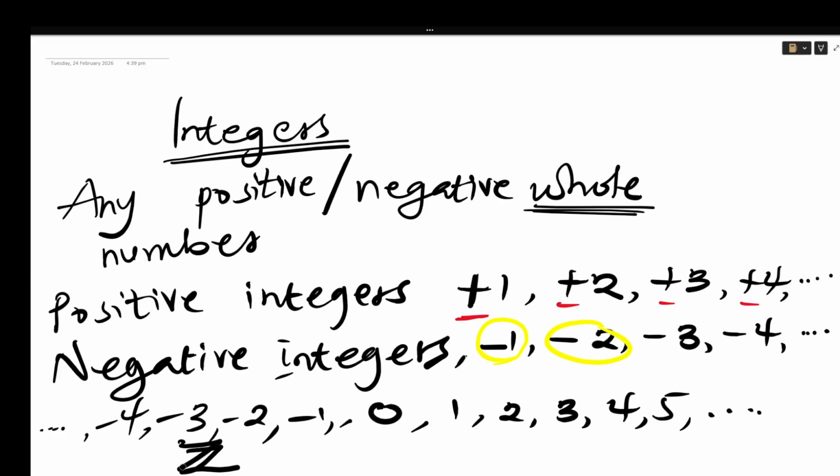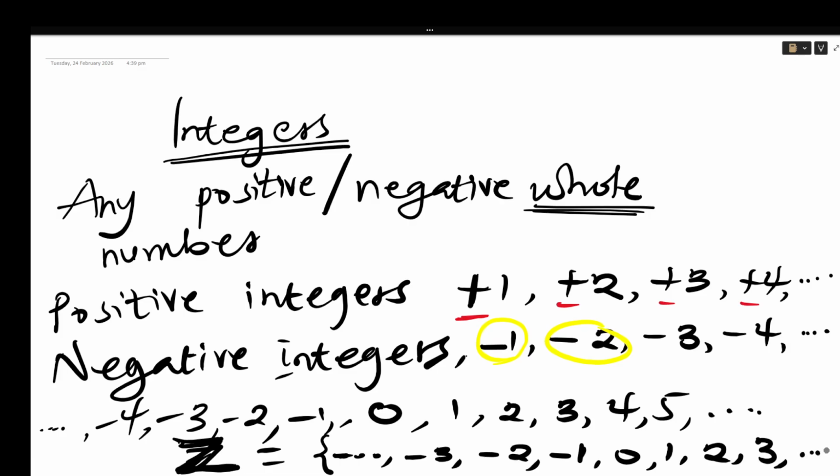We saw that natural numbers was N, whole numbers was W, and integers now becomes Z, which starts from negative infinity to maybe -3, -2, -1, 0, 1, 2, 3, and into positive infinity. This is what integers talks about.